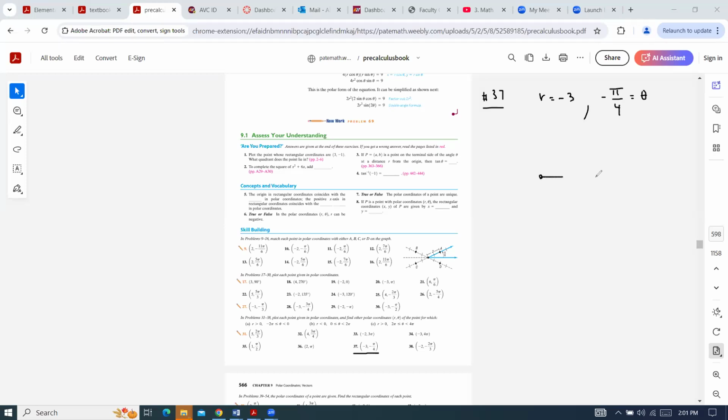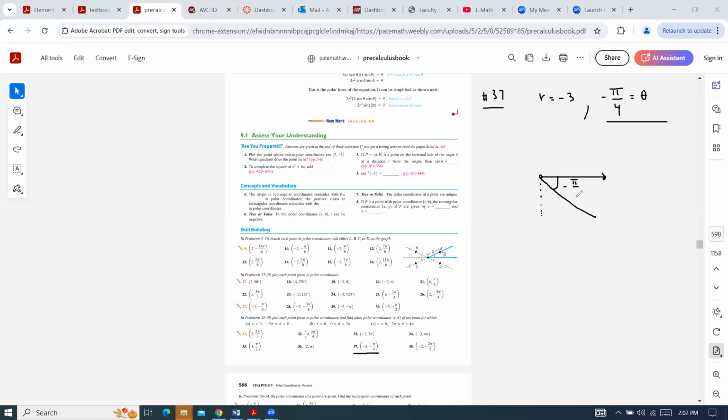The way we always start graphing in this system is we put a pole, which has 0 in it, and then radius r. Then I go by the angle theta, which is going to be 45 degrees with a negative sign, so it'd be negative pi over 4.